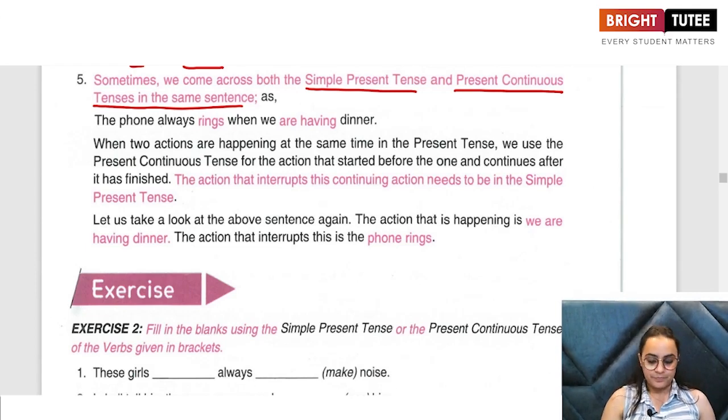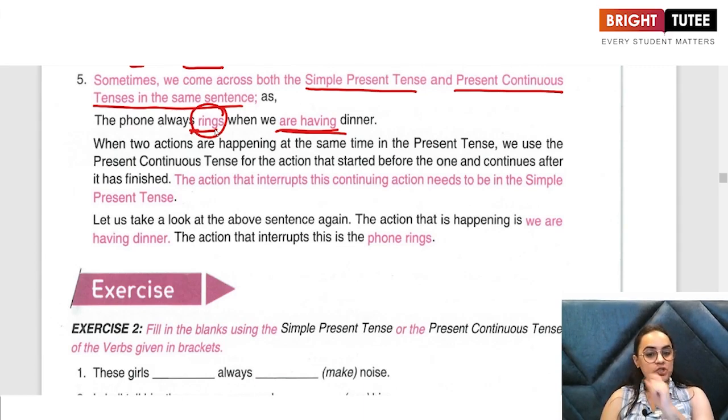For example, the phone always rings when we are having dinner. You see, the first part of the sentence is written in the simple present tense, and the second part is written in the present continuous tense.